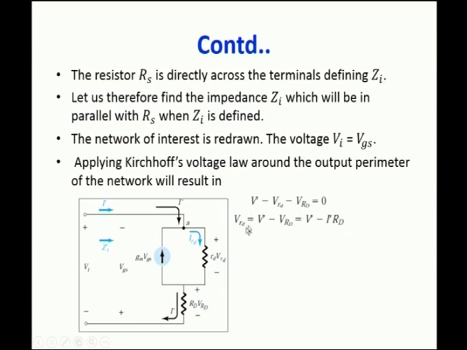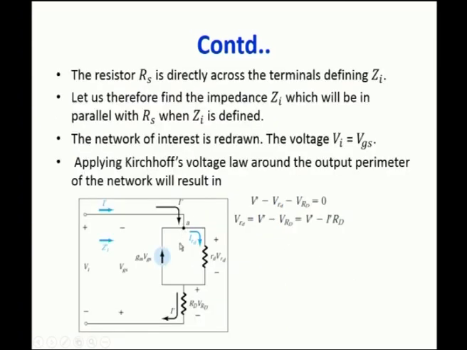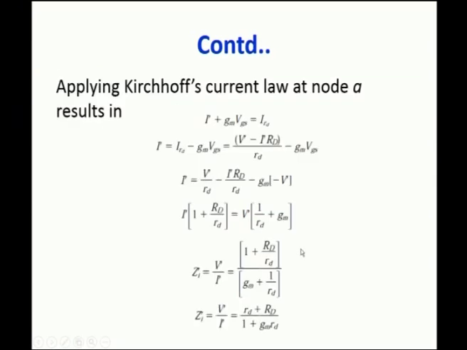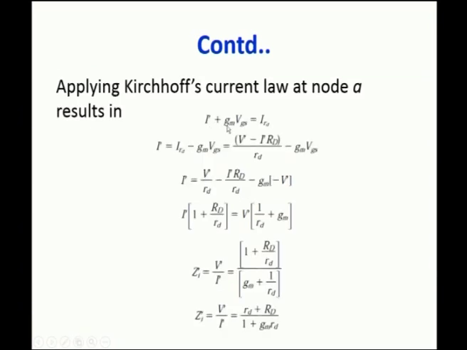So, we have just calculated the voltage across the internal resistance rd in this circuit, and now apply KCL at node A. This is node A. The current flowing towards this node A is I' and gm Vgs. So, I' plus gm Vgs is equal to Ird, the current away from the node, and we have calculated Ird previously.